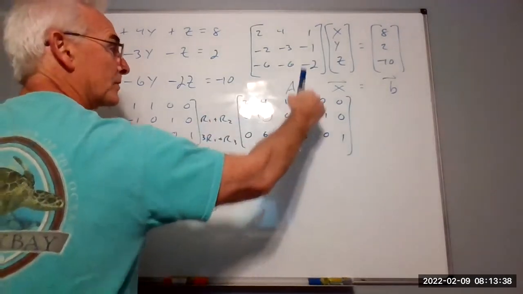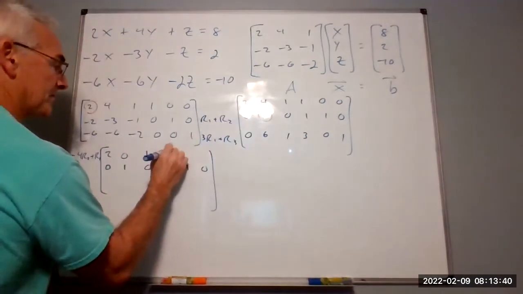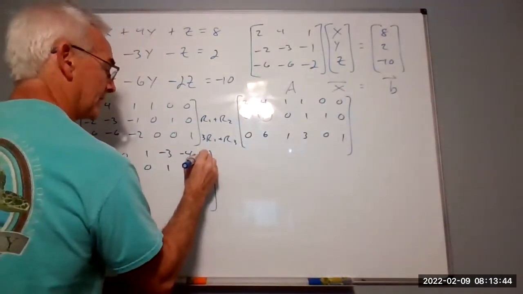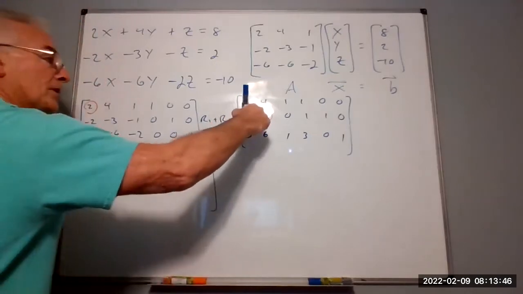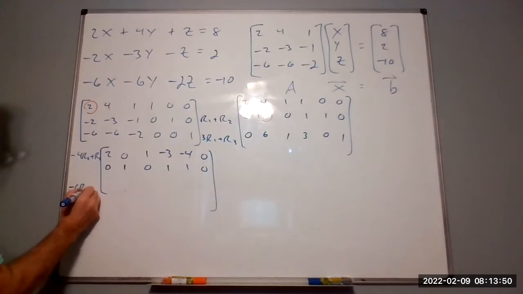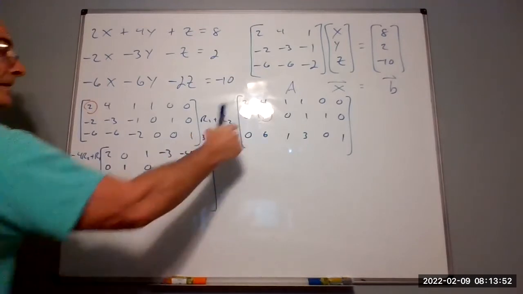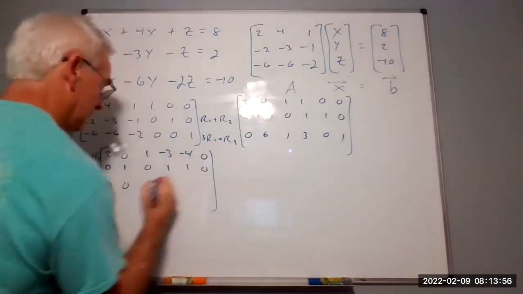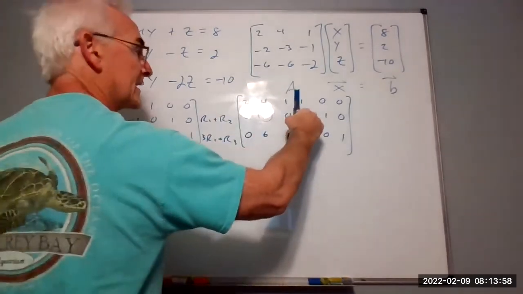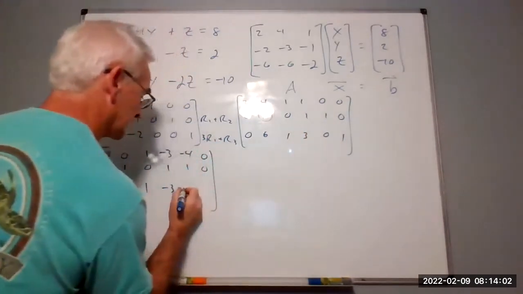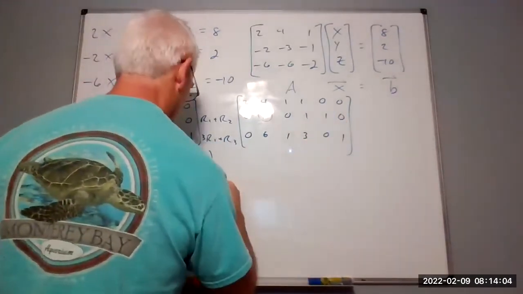Negative 4 of these plus 1, that'll be negative 3. Negative 4 of these plus 0, that'll be negative 4, and then 0. Now we're going to go negative 6 row 2s plus row 3. And we'll have 0, 0. Stays a 1. Negative 6 of these plus this, that'd be negative 3. Negative 6 of these plus this, and then a 1.